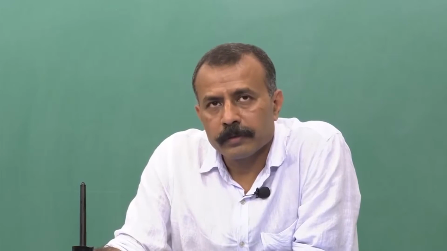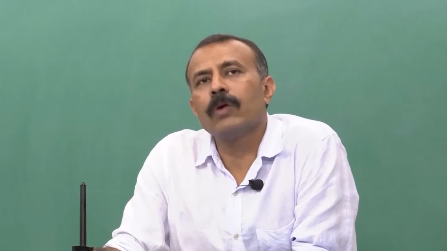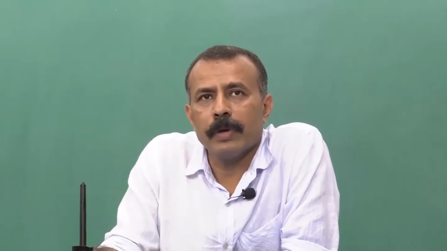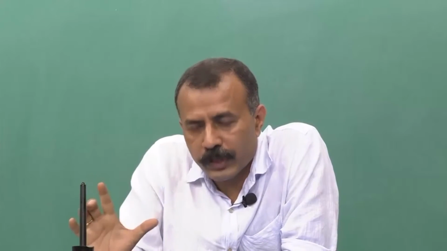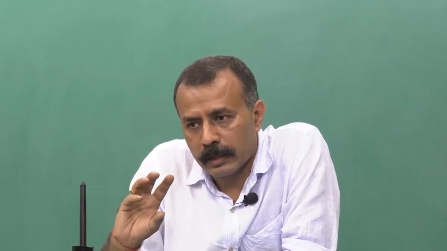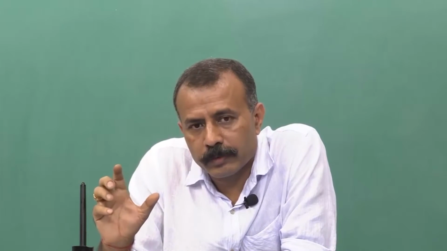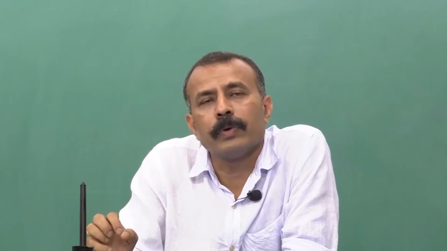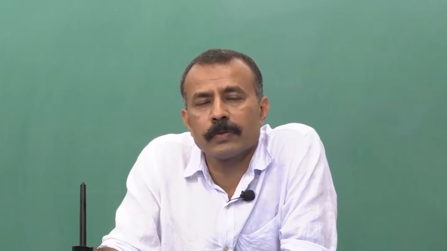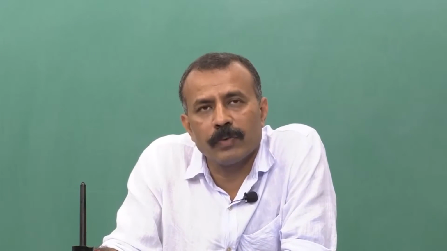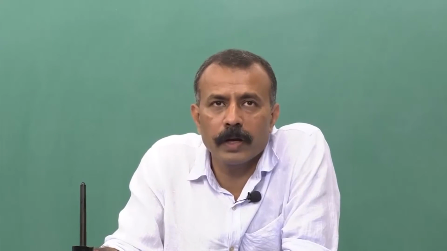So, today we will talk about how the body maintains its homeostasis, what is the basic feature, what are the basic components which help in maintaining homeostasis, and what are the different kinds of feedback systems involved.